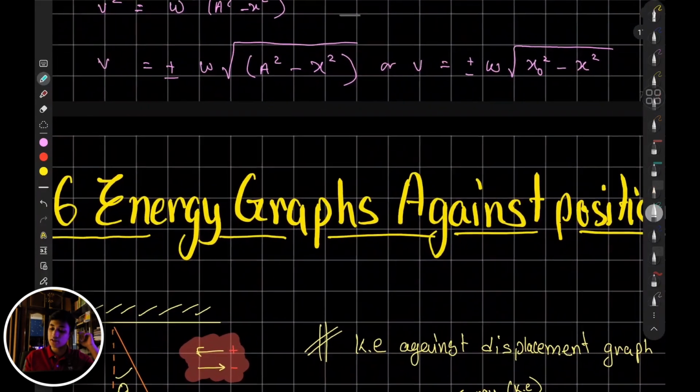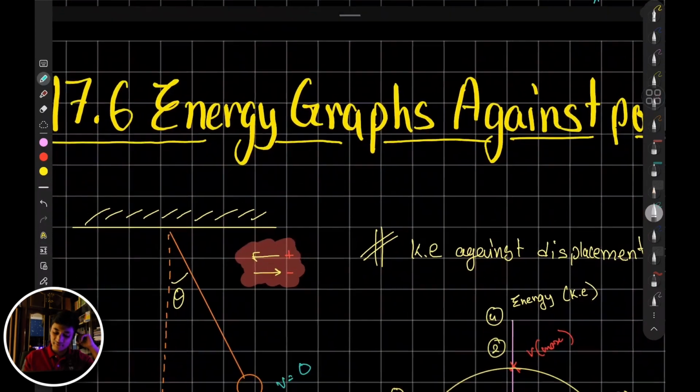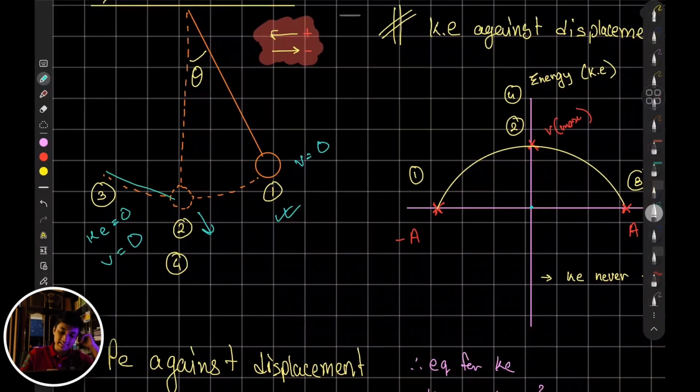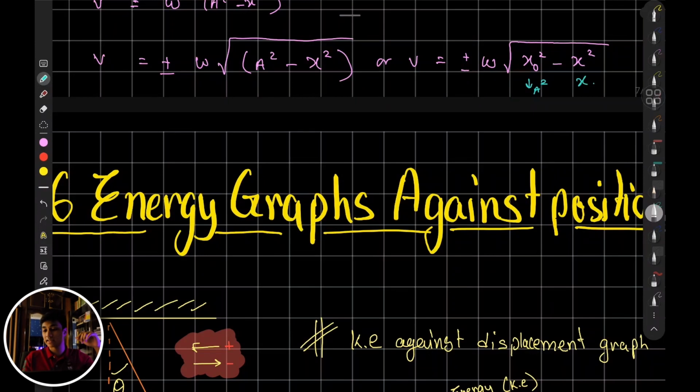Why is velocity 0? If you want to go back to the equation, the equation gives you plus minus omega times the root of x0 squared minus x squared, x0 squared meaning amplitude squared. And if the displacement is indeed maximum, it is displaced by its amplitude, so for the x, you plug in x0 and it becomes x0 squared. So x0 squared minus x0 squared.